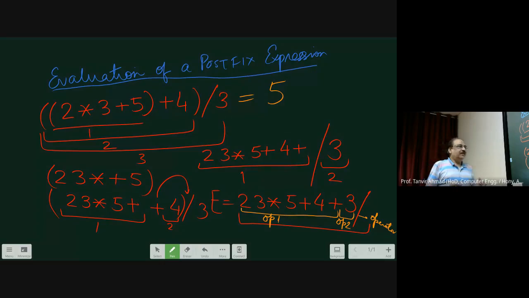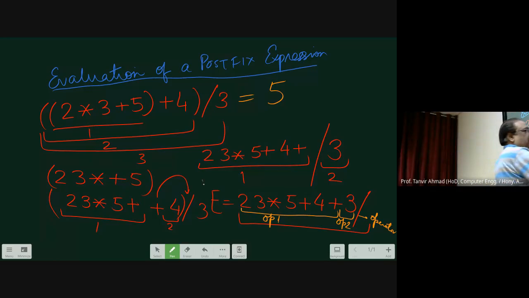Now here, when I am going to take the final expression in the postfix form, you know there is no bracket and there is no precedence of operator also. Therefore, when I am going to evaluate this expression, there will be no operator precedence.